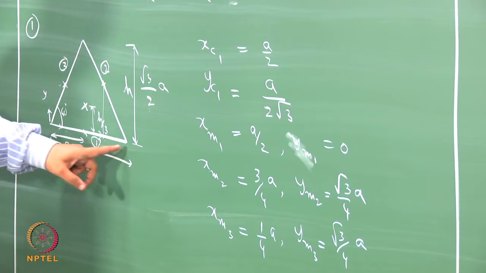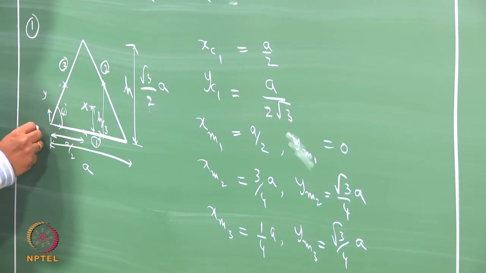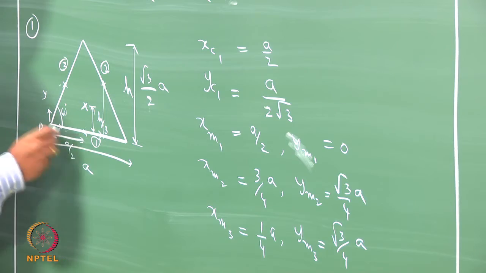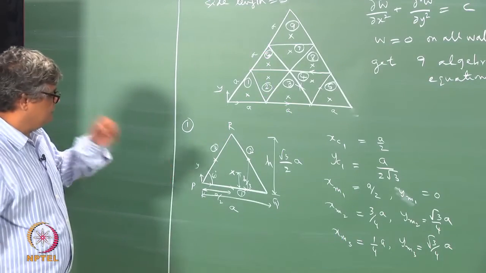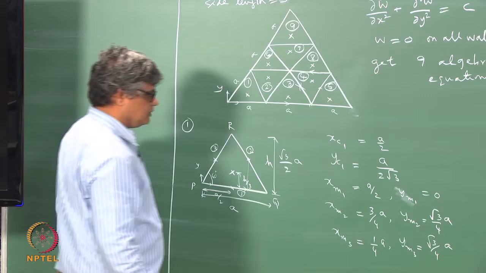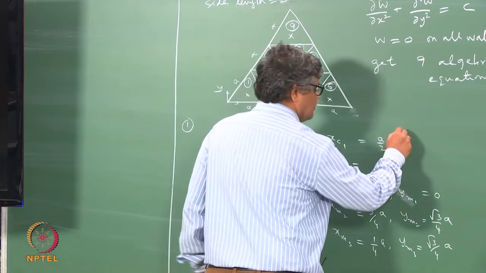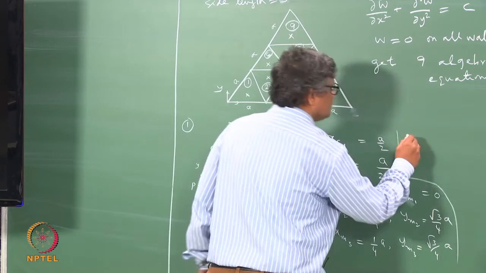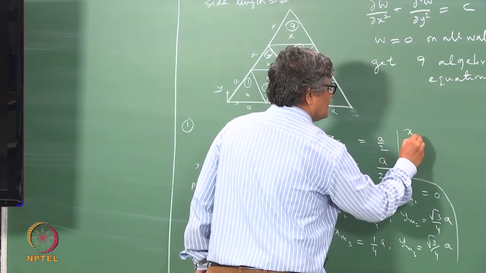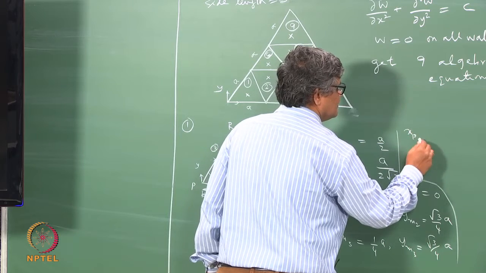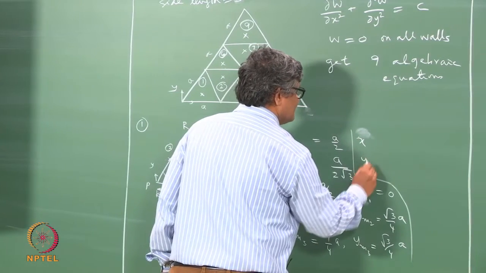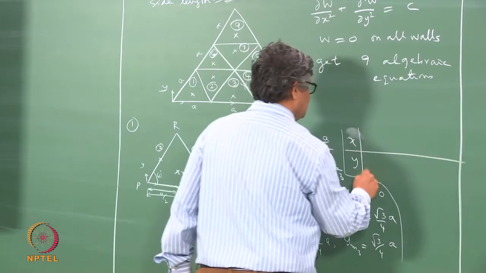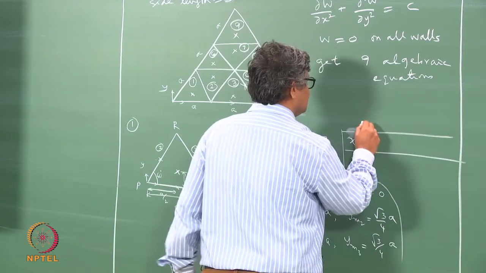In addition to that, let us call the 3 vertices P, Q, R, and we can also put here the X and Y of the 3 vertices.